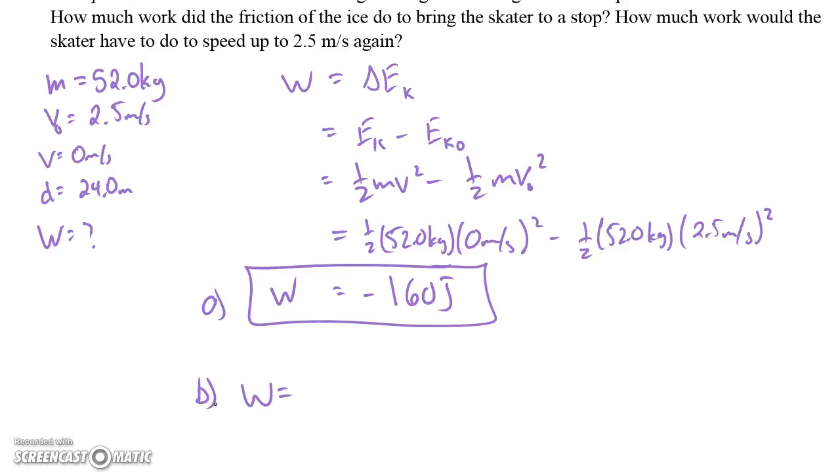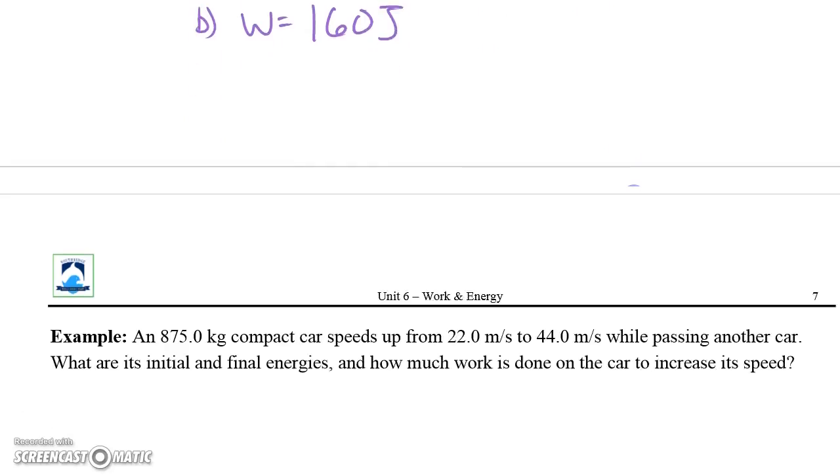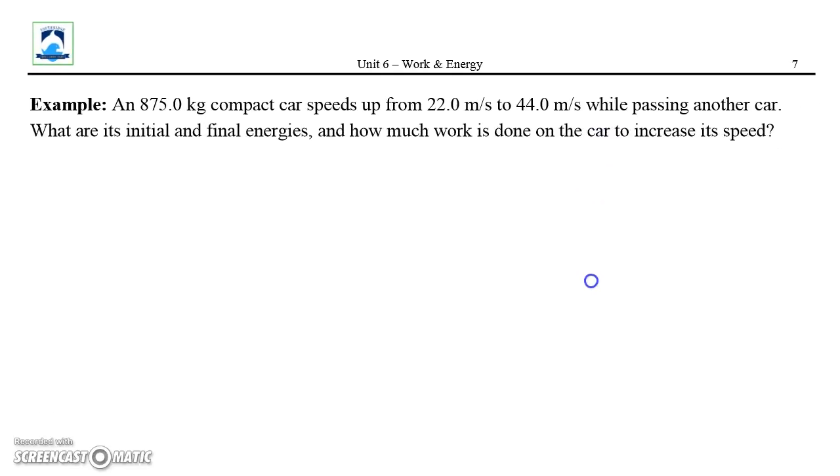And so here we are. We get left with work for part B would just be the positive version, because that would be how much work you have to do in that direction to speed up again. So we would get 160 joules. You can calculate that out, or you can write out some sort of statement about why that is true. Either way, totally acceptable way to answer it.